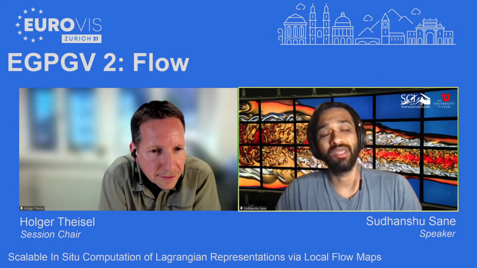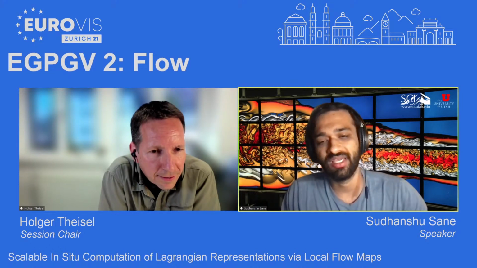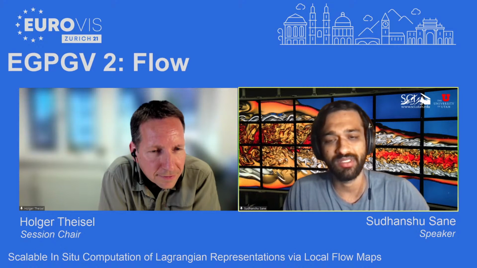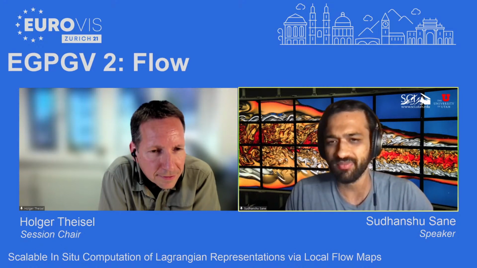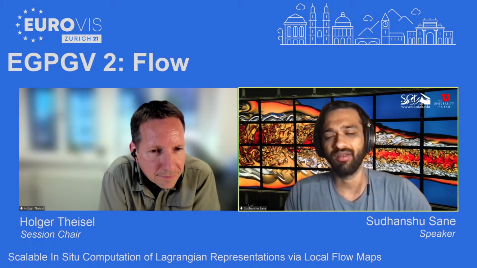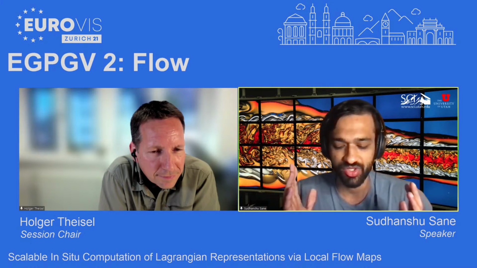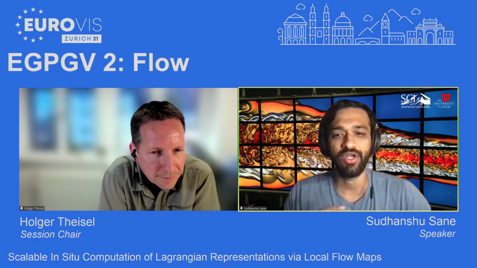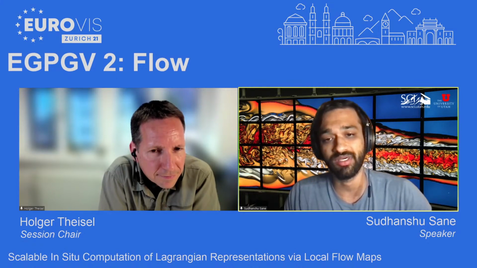Where it would be really bad, we actually noticed that with the jet data set in our examples in the paper, the performance wasn't good in some regions, particularly where the velocity field was very high, where the jet was. And so I imagine that is a situation where you would need either a very small storage interval or need to be monitoring how many particles you're discarding from certain blocks.